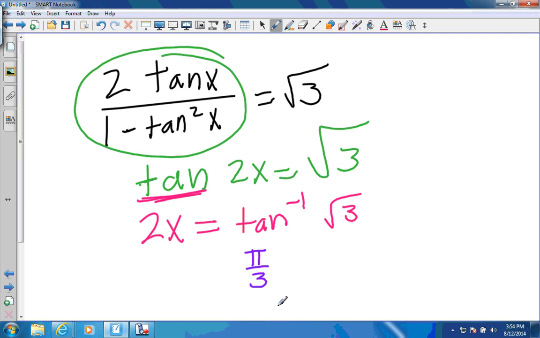And that would be like here. And then tangent repeats itself every pi.